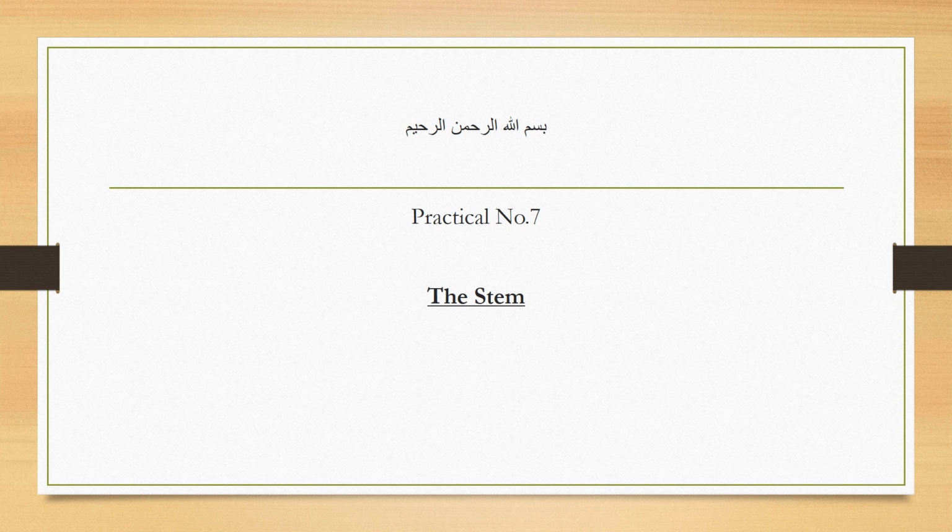Today on practical number 7, we're going to talk about the stem. And like the previous lessons, as we talked about the root morphology, and then we talked about the modifications of roots, and also we talked about the leaves morphology, and the modifications of leaves.